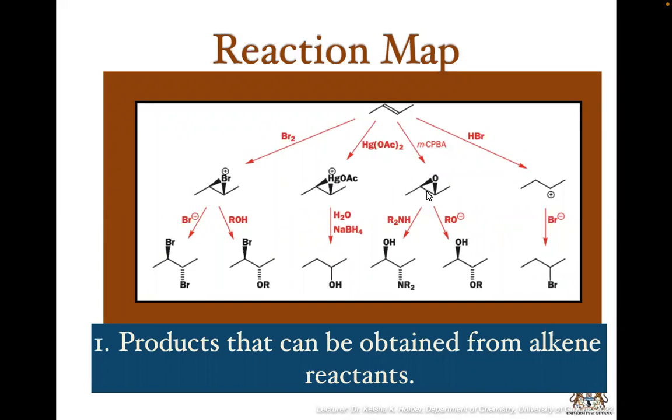And that epoxide can be reacted with an amine, and there we are able to get amino alcohols, which is not too far away from amino acids, which you will find out about in the next week. And then here, if we take our epoxide and instead react it with an alkoxy nucleophile, we are able to get ether alcohols in this 1,2 orientation.